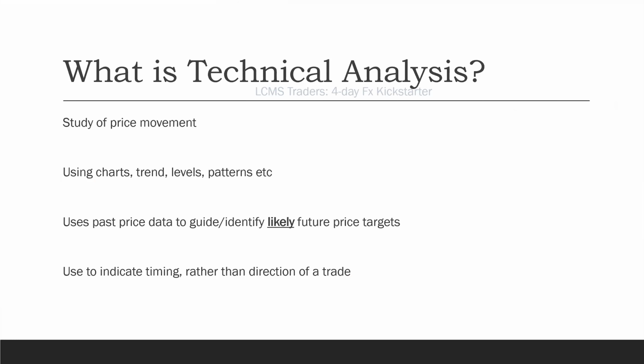Looking at patterns. Basically, for technical analysis, it is really using past data, past price data, not economic data, price data to guide and to identify likely future price targets.